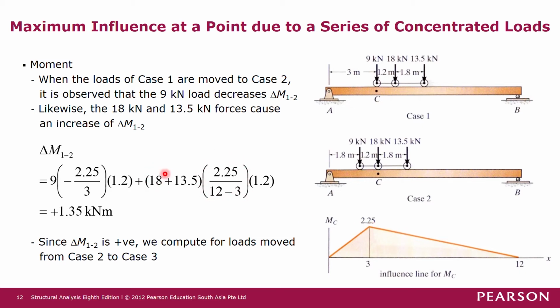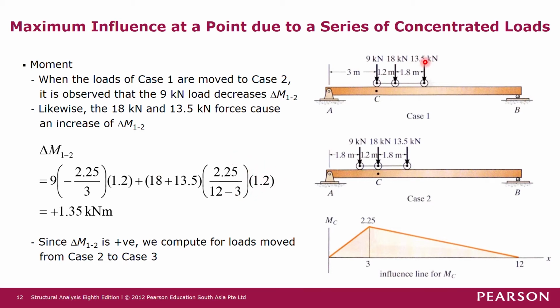Okay, so the force is 18 times the slope times the movement distance of 1.2 meter, okay, from here to here. Okay, so this is the value, 18 times the slope times 1.2 meter.